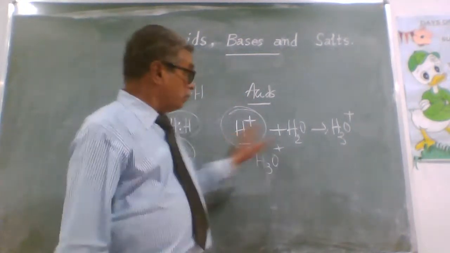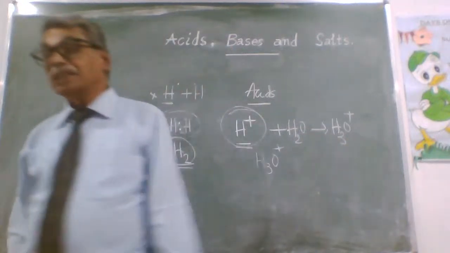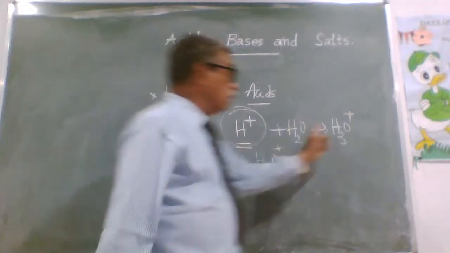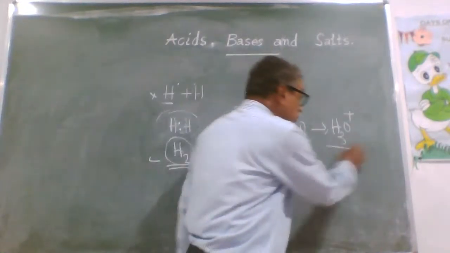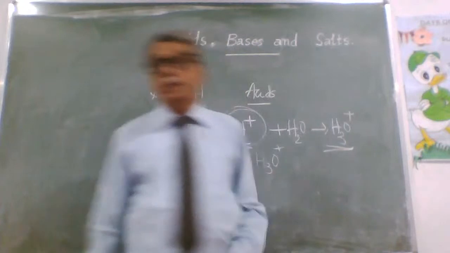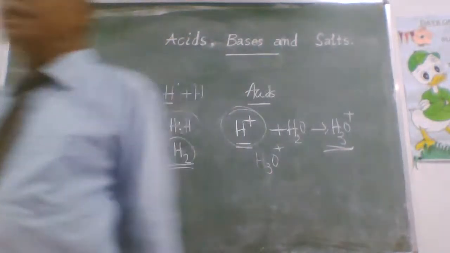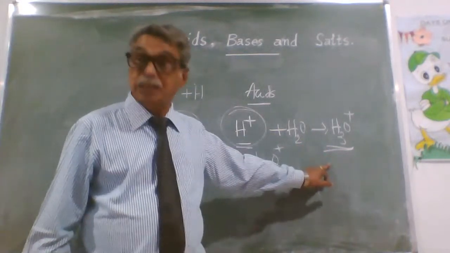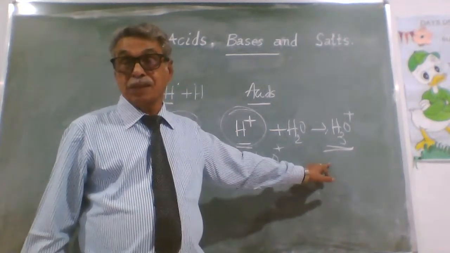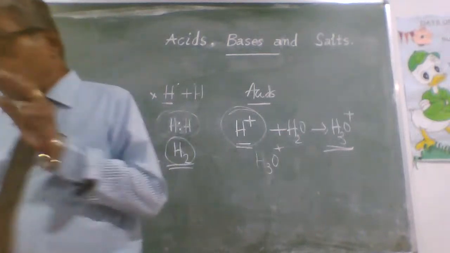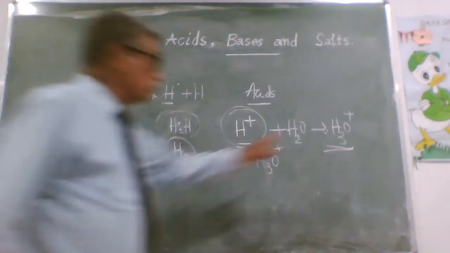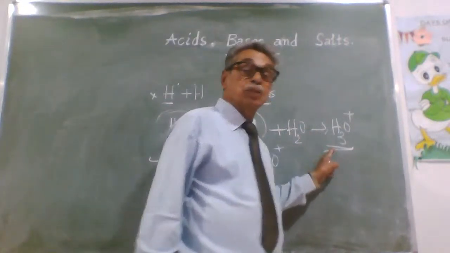So we normally define acid as a substance, as a compound which contains hydronium ion. This is called hydronium ion. So acid is a compound that contains hydronium ions when dissolved in water. Acid is a compound which produces hydronium ions when dissolved in water.